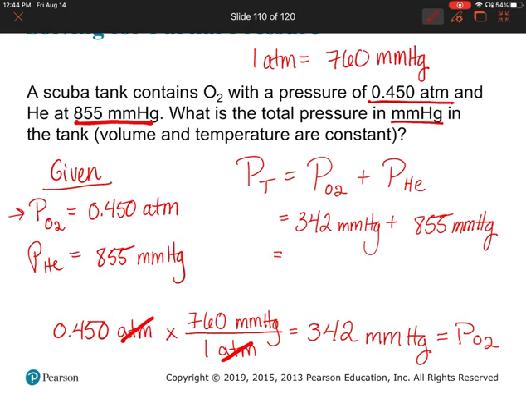All right, so now let's just add those together. And my calculator tells me that this will give me a total pressure of 1,197 millimeters of mercury.